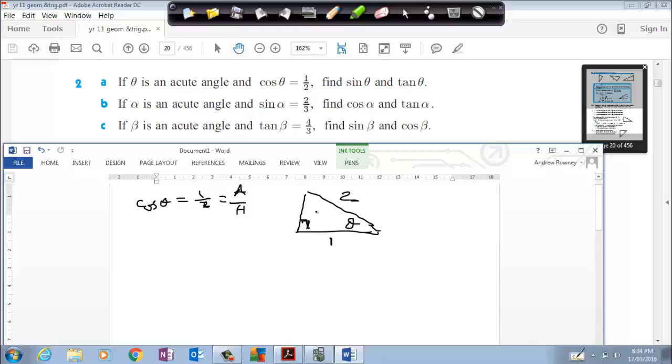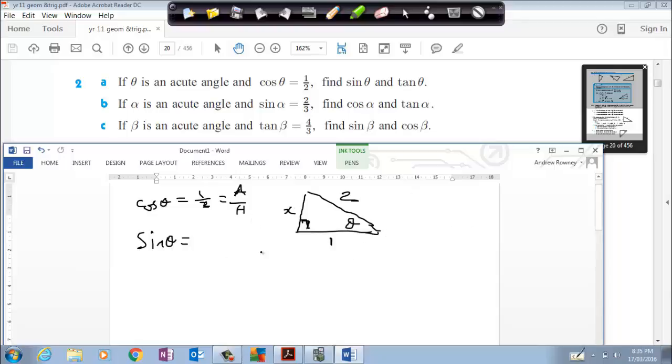But because we're not finding actual lengths, it's only asking us to find other ratios, we can use this technique. So to find sine theta, we want opposite over hypotenuse. Well, we don't know the opposite. We could call it x. To find x, use Pythagoras, and then we can get sine theta and tan theta.